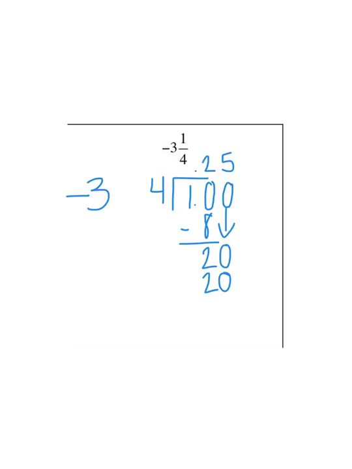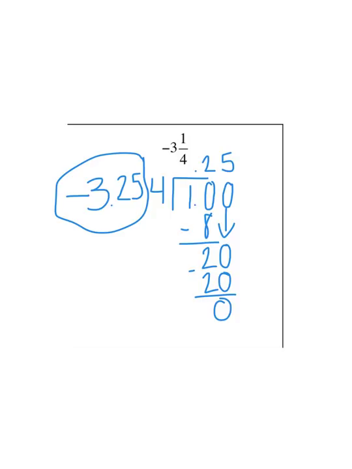And 20 minus 20 is 0. So there's my 0.25, and I just added to the end of my negative 3. So my answer is negative 3.25, and it is a terminating decimal.